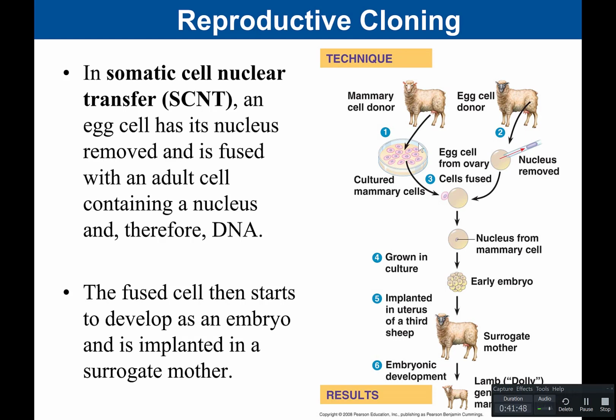When telomeres shorten, we age. Because these cells came from an adult donor, the telomeres were already shortened. So even though Dolly was a lamb, her DNA was already aged at that point. And so Dolly didn't live a very long life because her DNA was from an older animal.